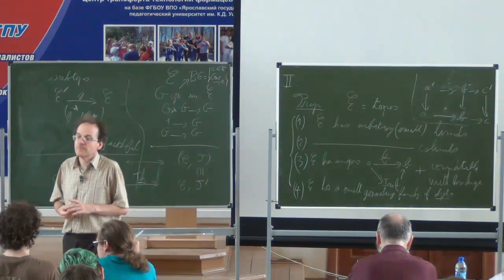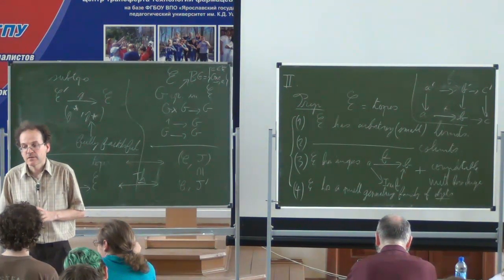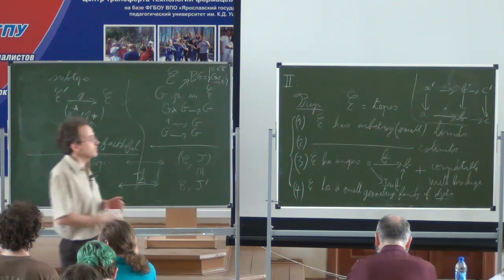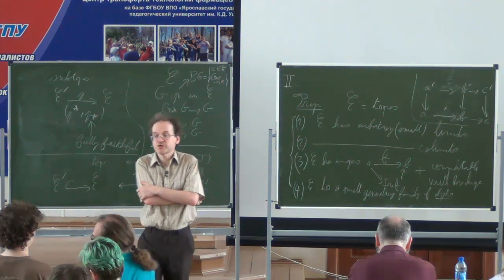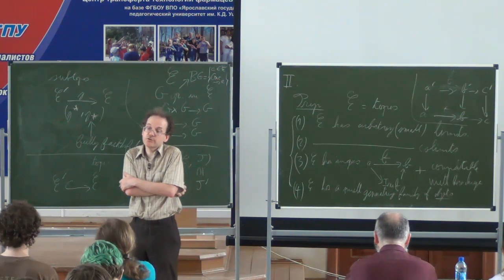Do we have any instruments to work with real numbers in terms of an arbitrary topos? No, we don't have the axiom of choice, but there is an equivalent of real numbers.